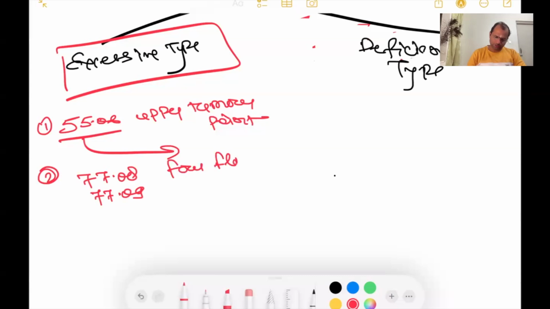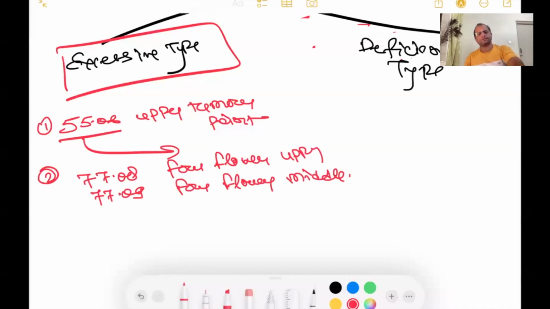Four flower upper and four flower middle. ये कहाँ होता है? Do you know that? पता है आपको कहाँ होता है? So this is very near to stomach 36. और इसके नीचे आप इसकी लोकेशन देख लेना. It is very very effective as per the master Tung for epilepsy.